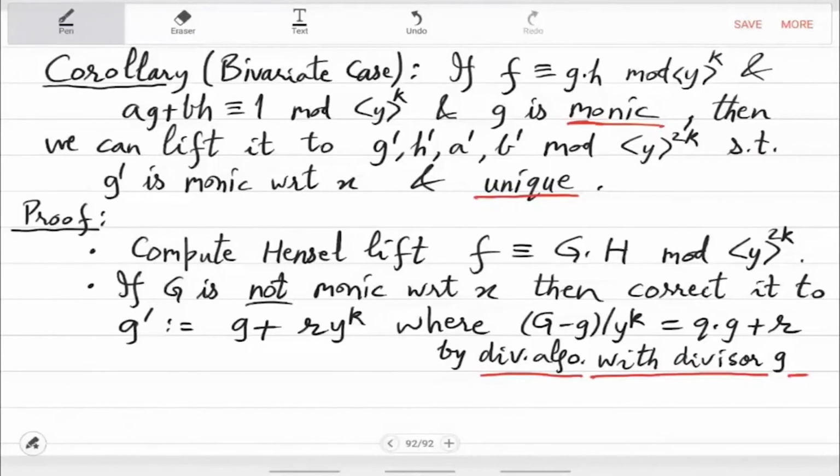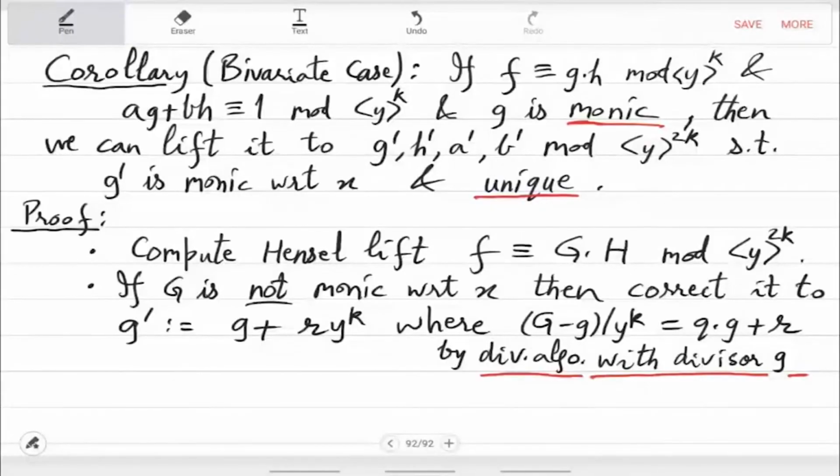Why is that possible? This big G minus small g, by Hensel lift, is divisible by y raised to k. So you can divide that, you get a polynomial, and on that bivariate polynomial you want to run the division algorithm where the divisor is small g. But remember that these are bivariate polynomials, so how do you do division? Sometimes you cannot run the division algorithm in the bivariate case.